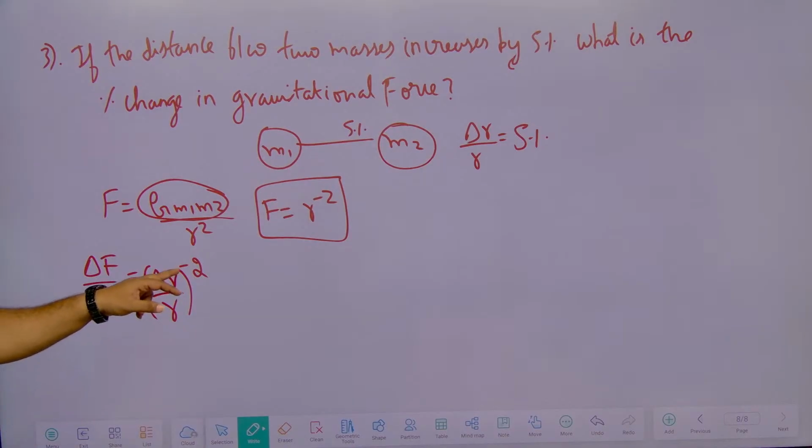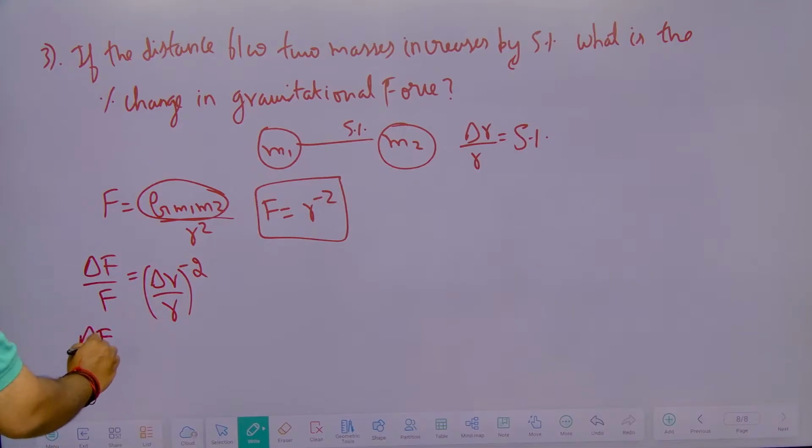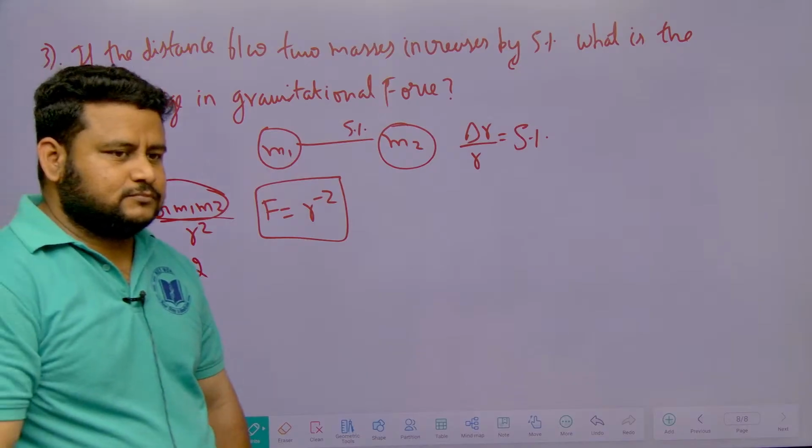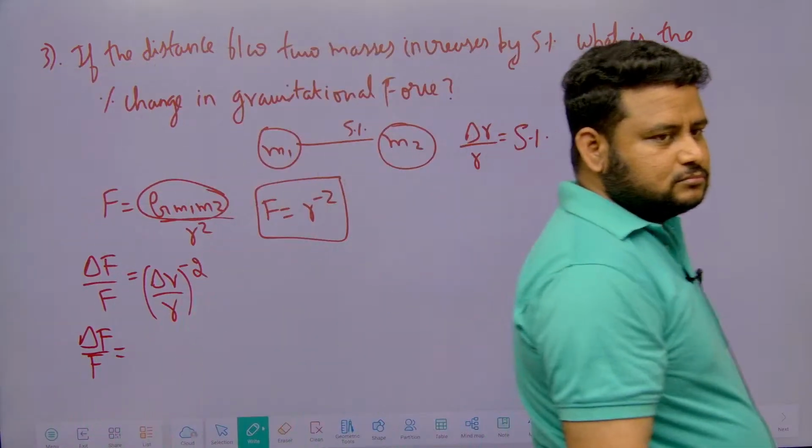Delta R by R is 5%. So what will we do? Delta F by F. They are telling increases by 5%. Increases by 5% means what will you write? For radius it is increasing by 5%. So here delta R means what will you write? Think correctly. Will you write directly 5%?